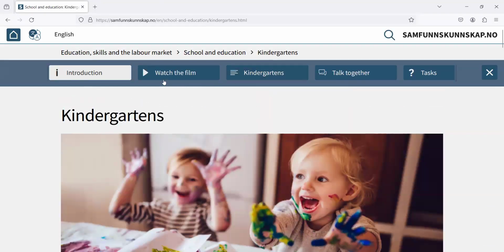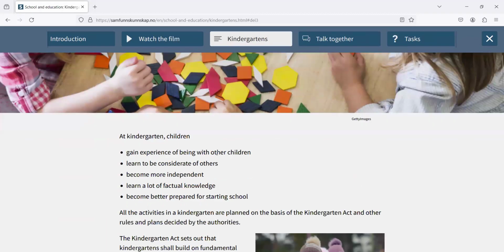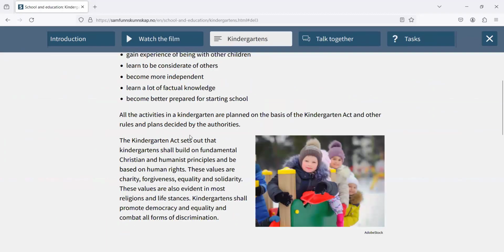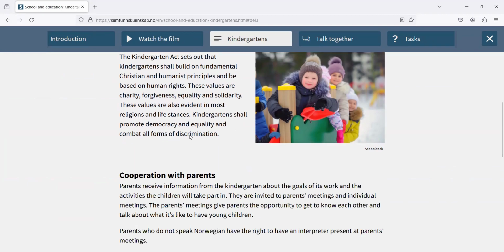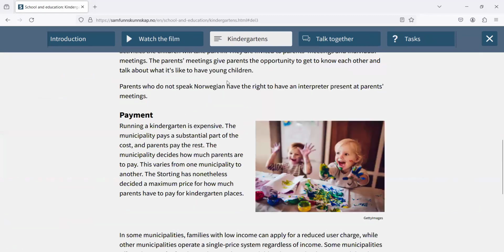But you have to read just this one. That film is not so important, but if you have time, you can watch this film. The important one is this part of the topic where you will find a brief but very concise and good introduction about that topic. So you just have to read this one.